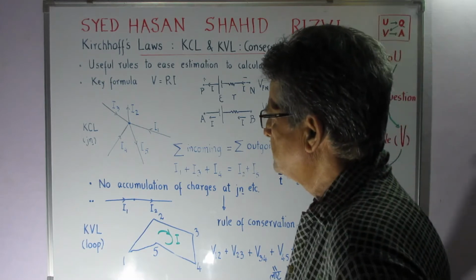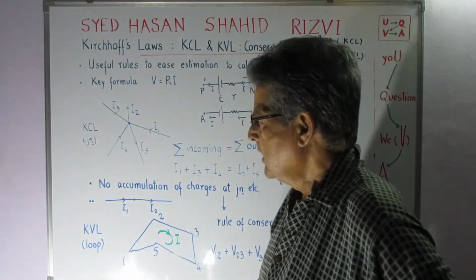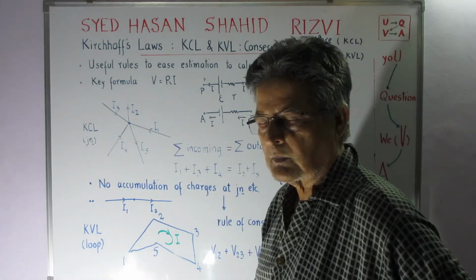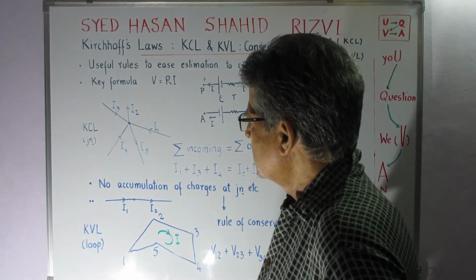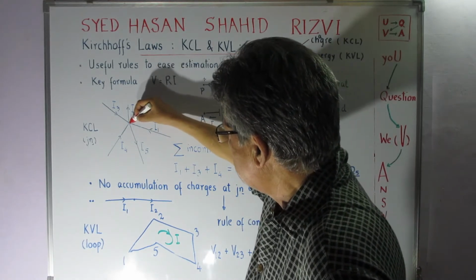So these are the key things which are involved in understanding of these laws. The first law is called Kirchhoff's current law, also known as the Junction rule. Okay. Here I have a junction. Okay.